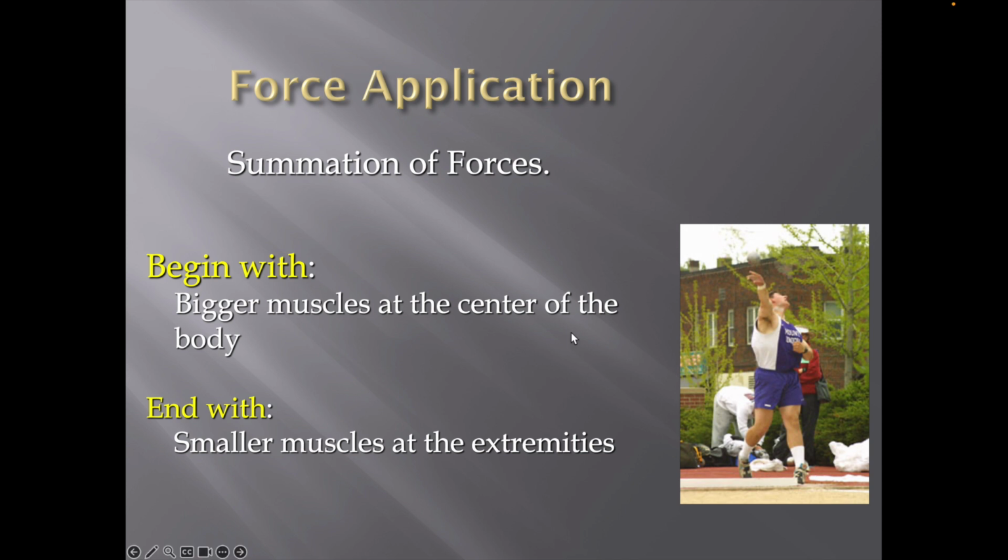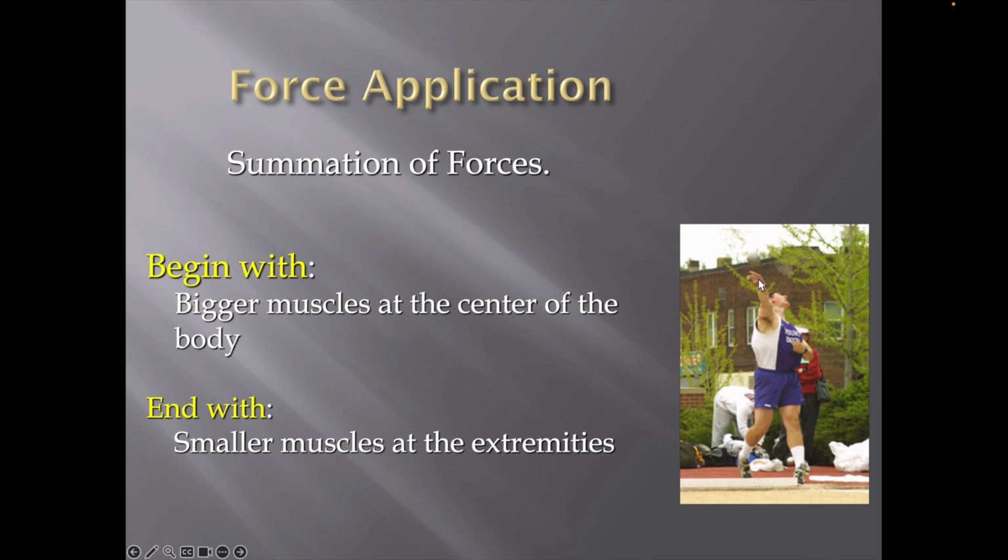A shot put thrower typically produces forces using the bigger muscles towards the center of his body, towards that center of gravity, essentially. So the muscles of the hips and the legs and maybe the torso. Then as that person spins and throws, he's going to finish with producing forces in the muscles towards his extremities, those muscles in his wrist and in his fingers.